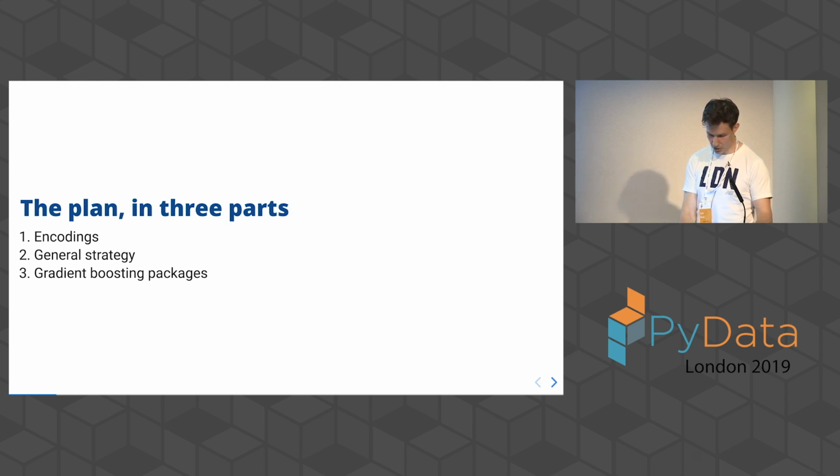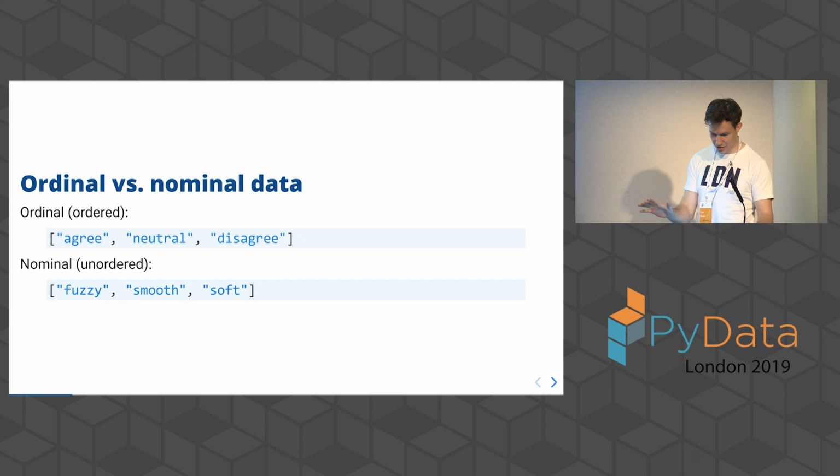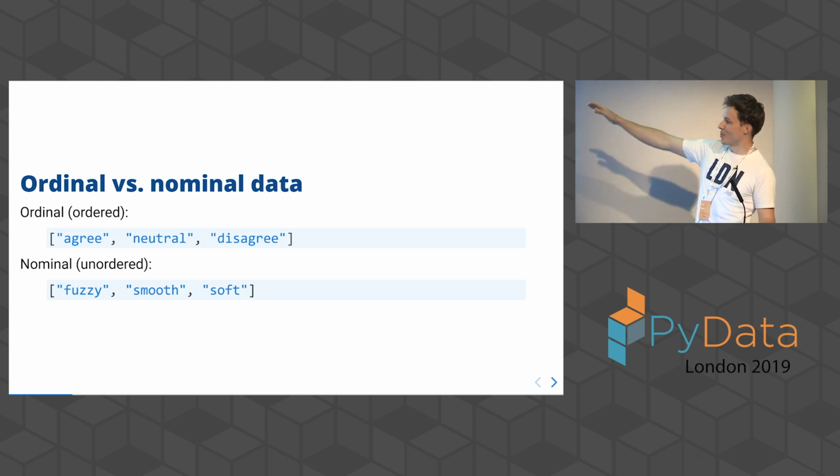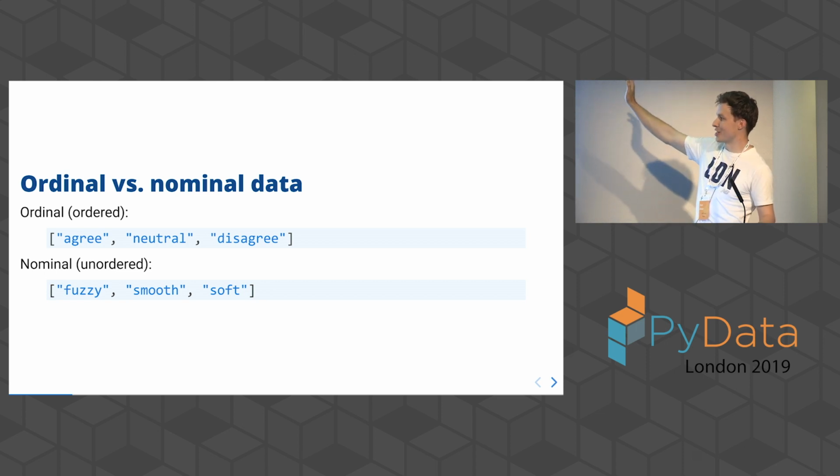All right, so just a quick definition before we start. Maybe what you call families of categorical data. So you can have ordered data, where there's some kind of low to high thing. Or maybe this one, agree, neutral, disagree is high to low. There can be a bit of variation within here. Maybe the levels are quite even.